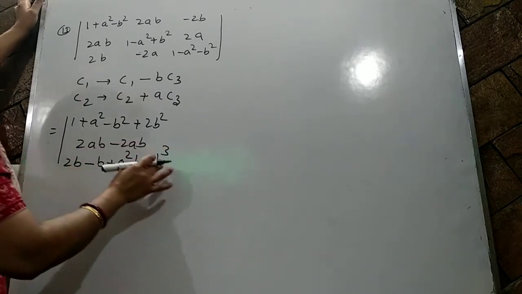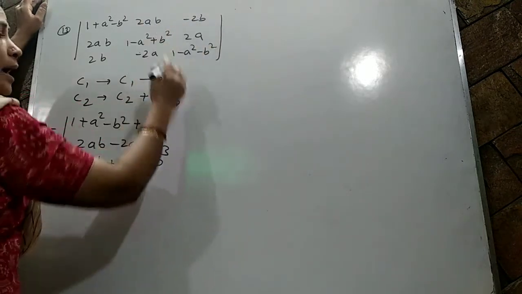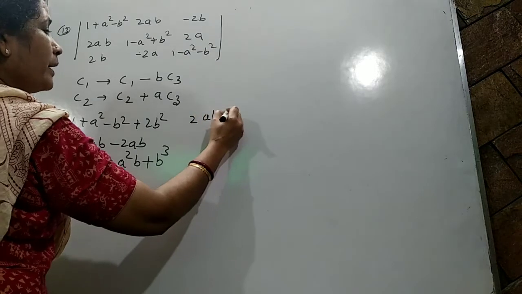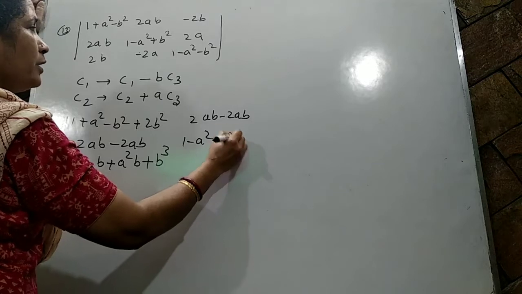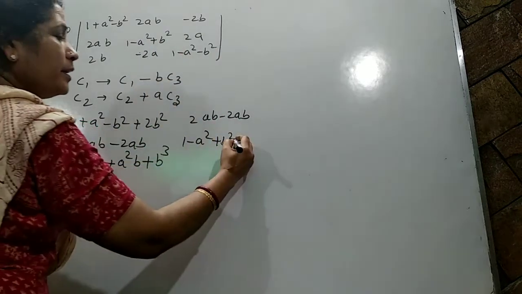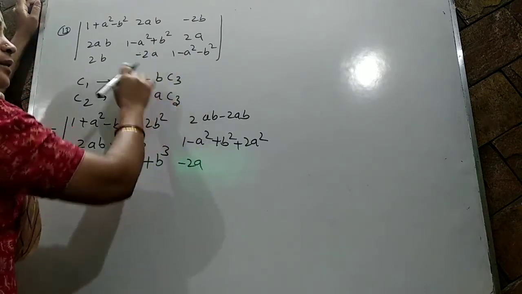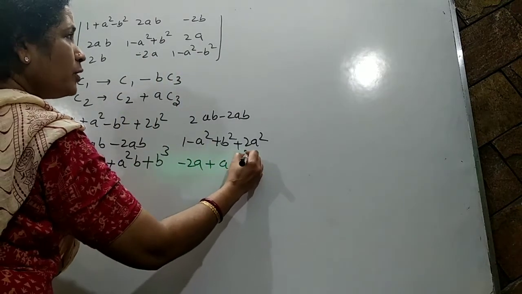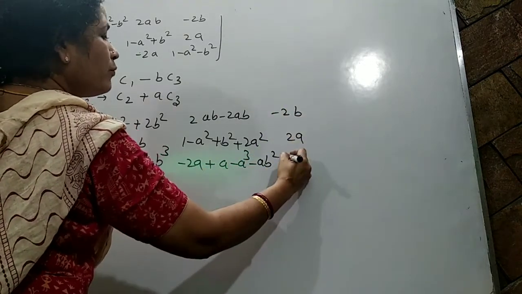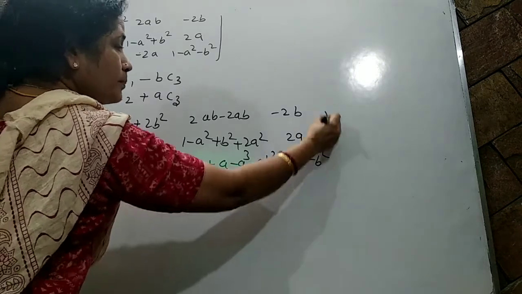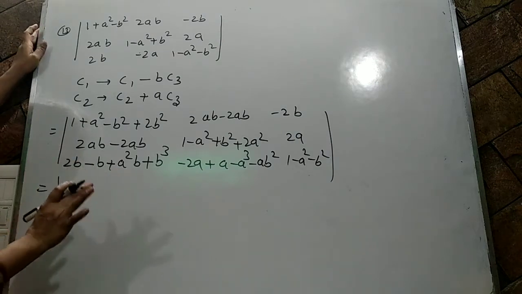Next, for C2: 2ab, multiply by a, then add it, so we get 2ab minus 2ab. Now 1 minus a square plus b square, if I multiply by a and add it, plus 2a square. Then minus 2a multiplied by a, added, plus a minus a cube minus ab square. Now the third column is the same, that is 2a, 1 minus a square minus b square. I have written it very properly here so that you will not get any confusion.